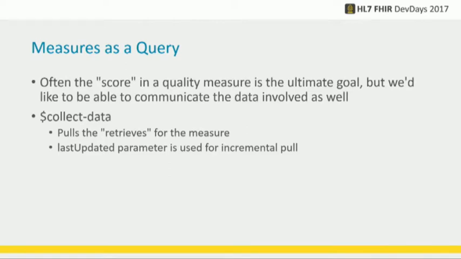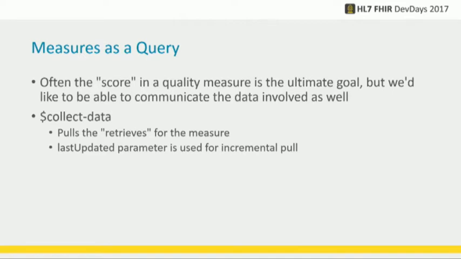And so one of the things we want to be able to do is pull that data. So instead of asking for the score for a measure, give me the data to calculate that score. And so that's a collect data operation that we've defined to say, for this measure, for this patient, or for this measure, for this population, give me all the data that would be required to pull that down.